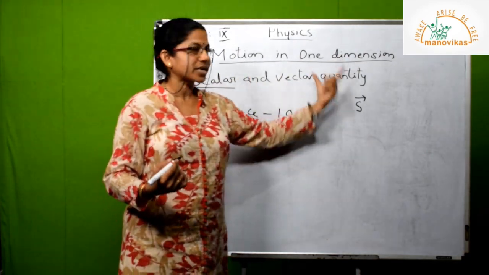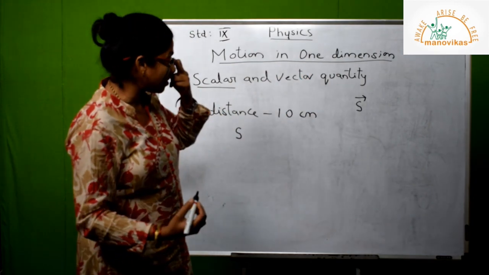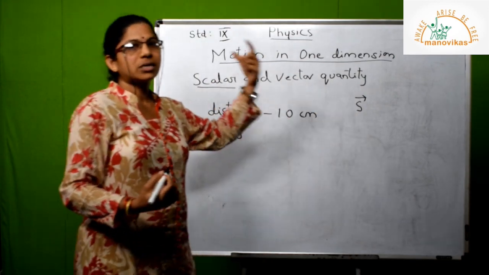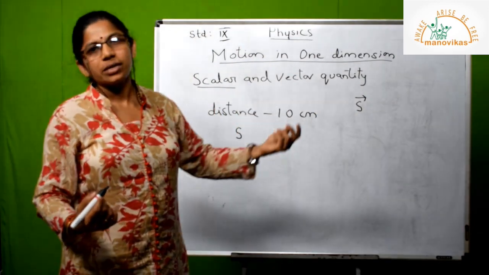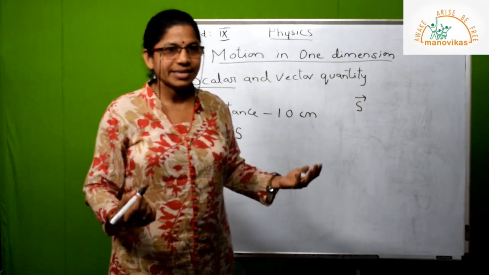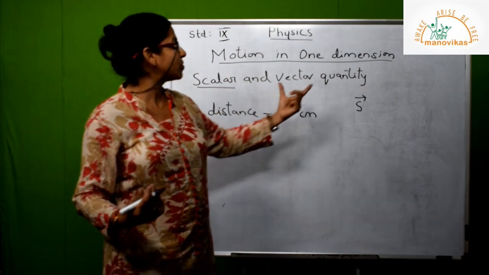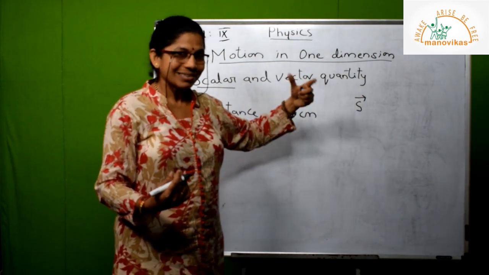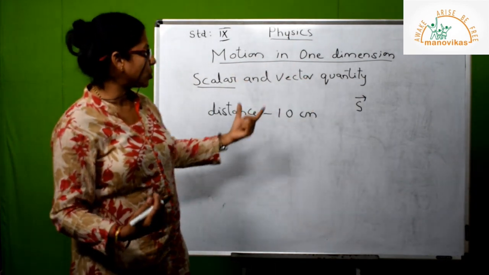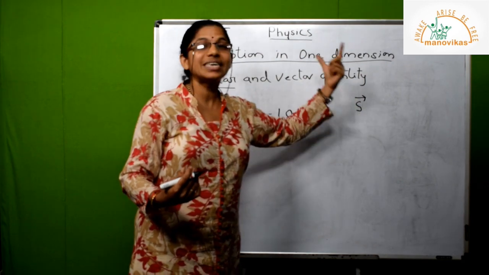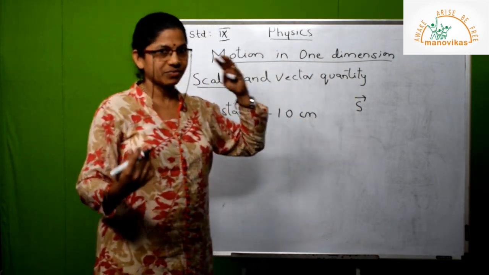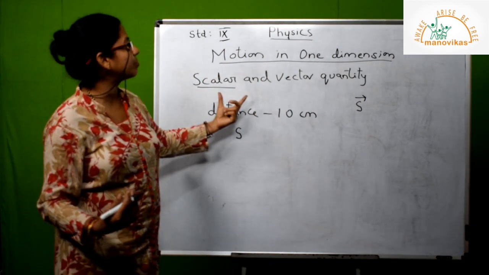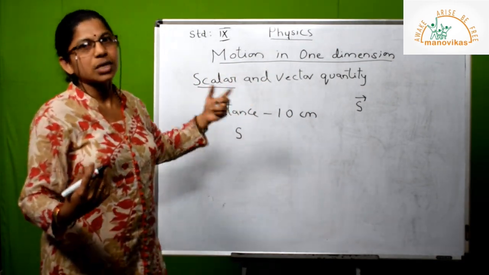Whereas examples of vector quantities will be displacement, velocity, momentum, force, acceleration. In these examples, you need to specify the direction in which these quantities are being measured. Okay, so this was about scalar and vector quantities.